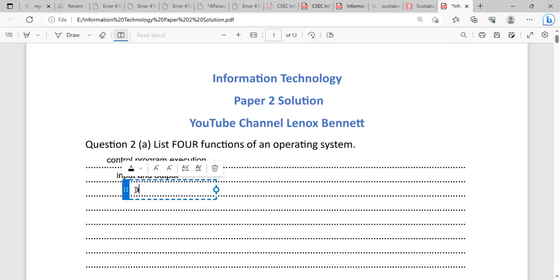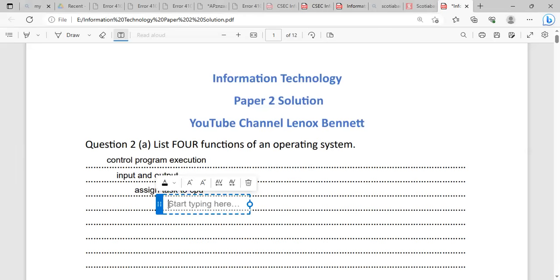So it assigns tasks. They ask for 4, so let us give them 1 more. And it manages, of course, it's a computer, so it manages data and file storage.